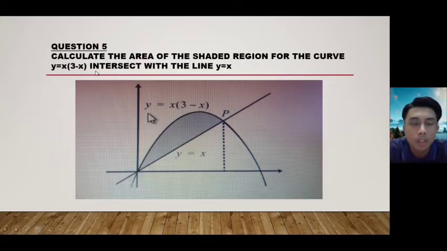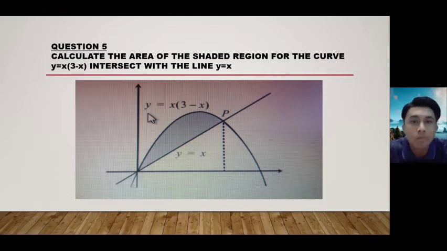Okay, so Madam Kua gave us about 10 questions, but we just pick one question. It's question 5. What does question 5 say?